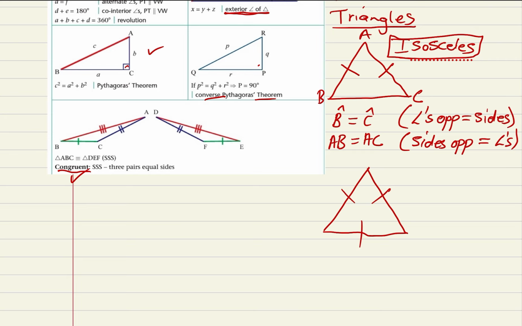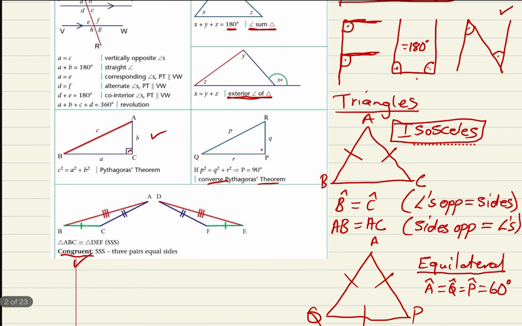This type of triangle, this is A, this is P, and this is Q, is called an equilateral triangle. In an equilateral triangle, remember that each angle, that means angle A is equal to angle Q is equal to angle P. They are all equal to 60 degrees. Why are they equal to 60 degrees? We call them the sum of angles of a triangle, which we have dealt with here.